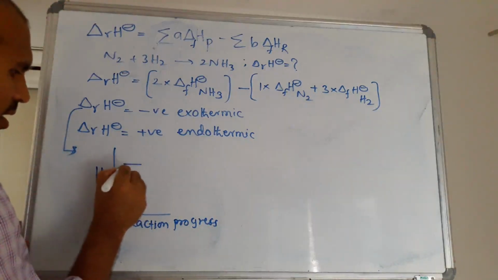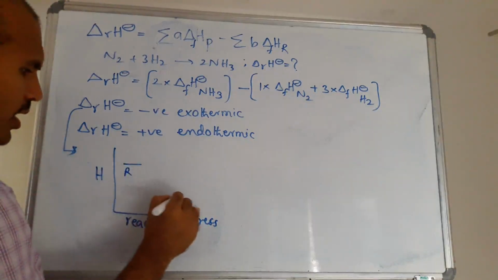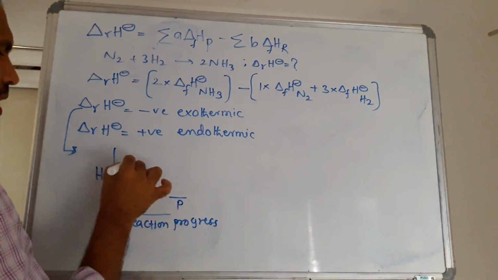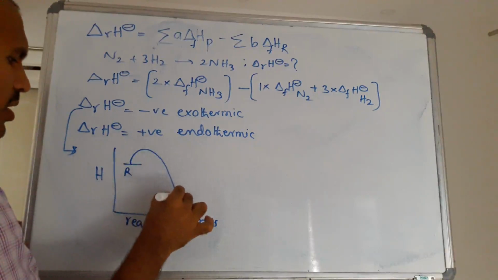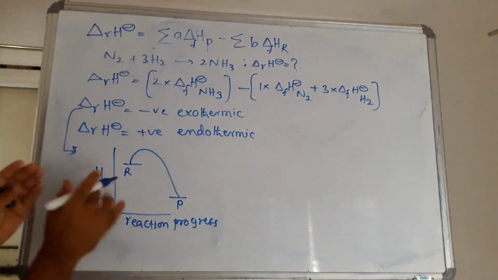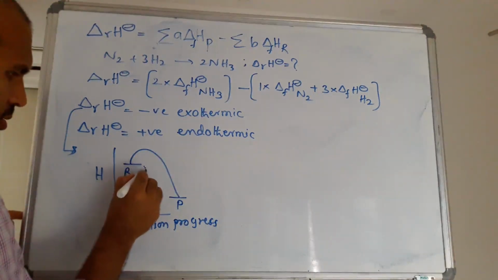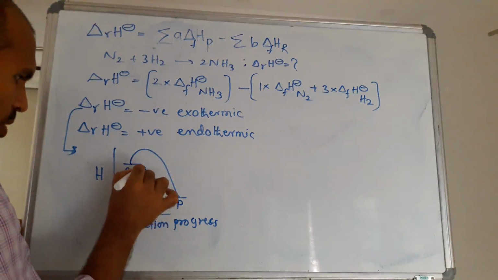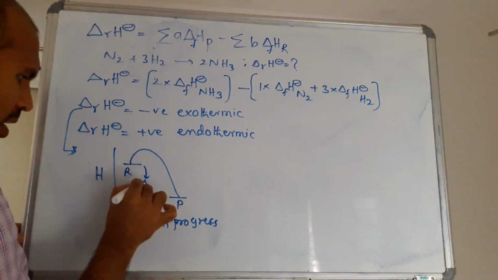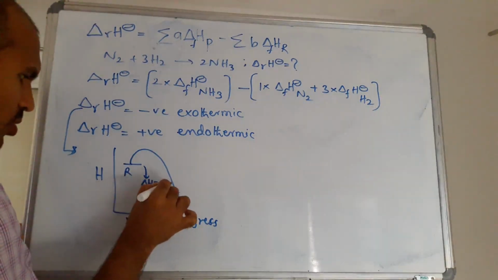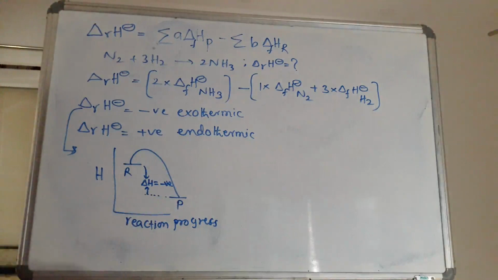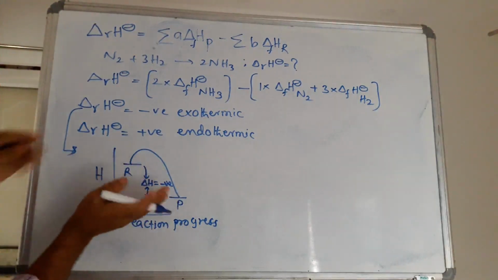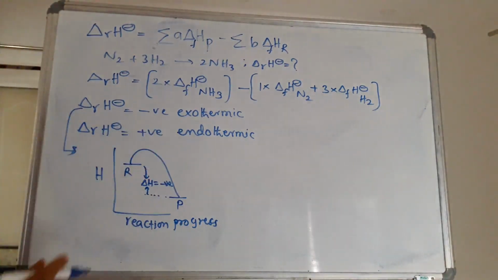This is the reactant position, and this is the product position. R means reactant, P means product. From the higher energy level to the lower energy level, this difference is known as ΔH, which is negative. It means energy loss. The difference between the product line and the reactant line is called exothermic.